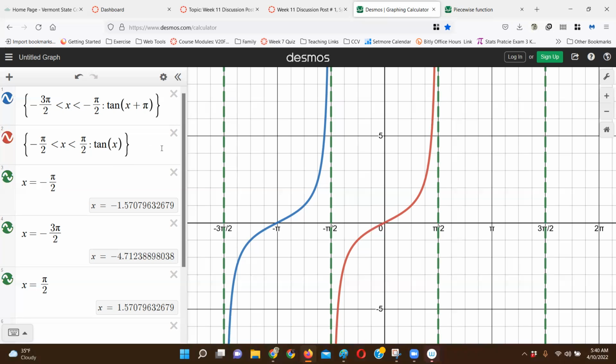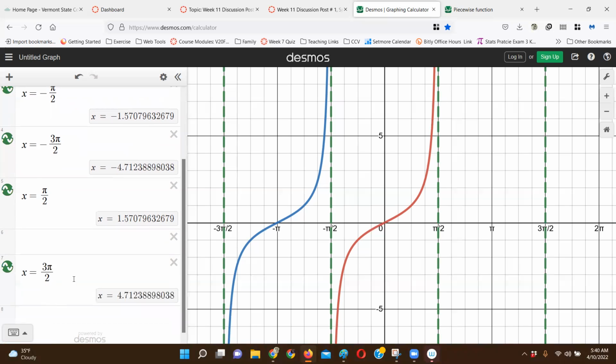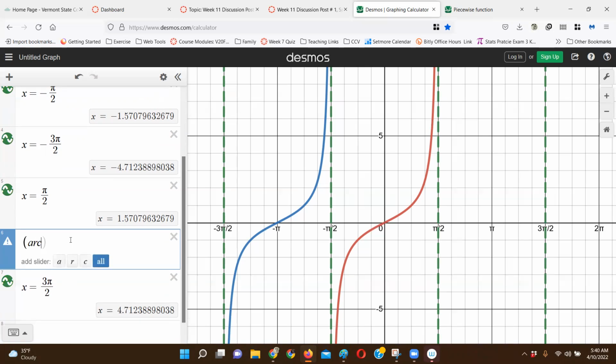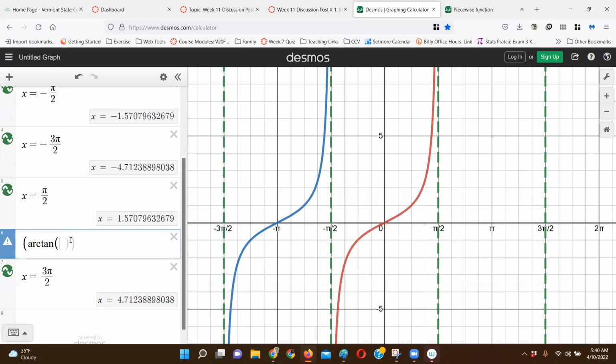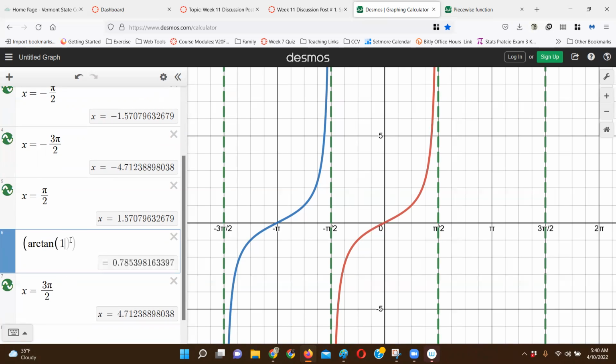So then that question that you're asking about, if tan x equals 1.5, where is 1.5? Well, let's see if we can't do that. I think Desmos will do this for us, won't it? I honestly don't know what x value gives that, what angle gives us that. Let's cheat.